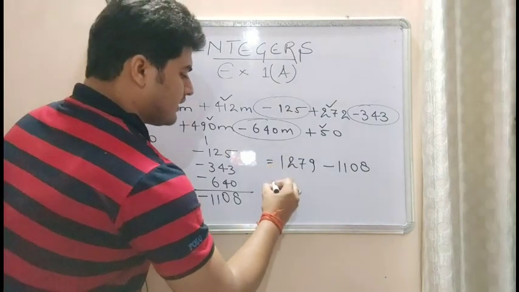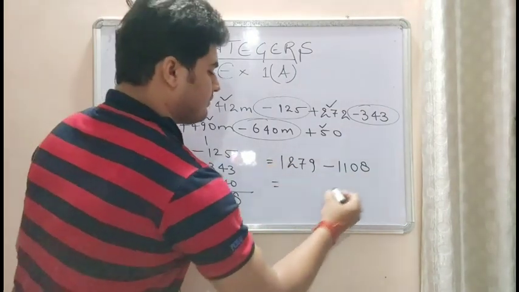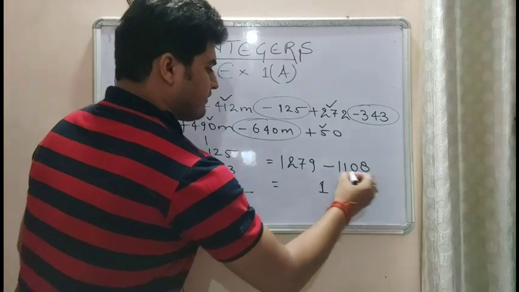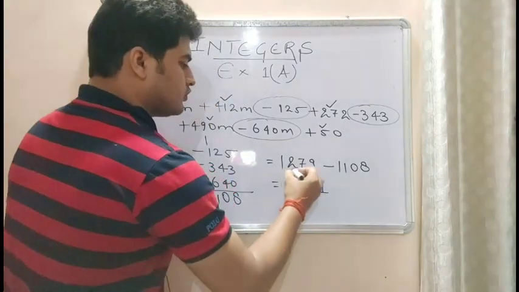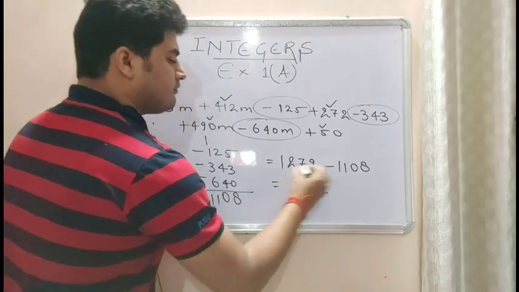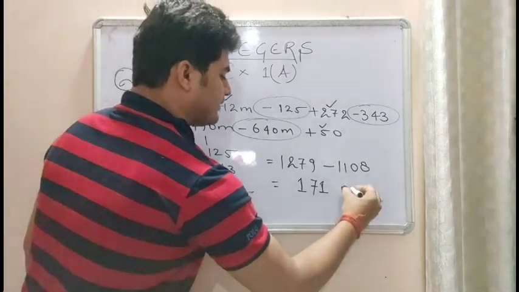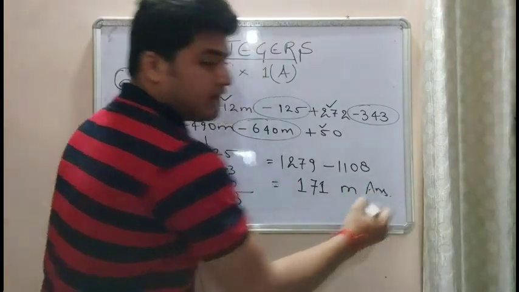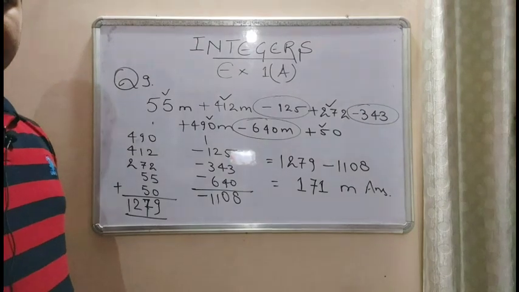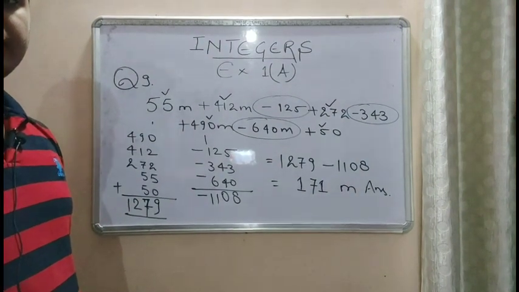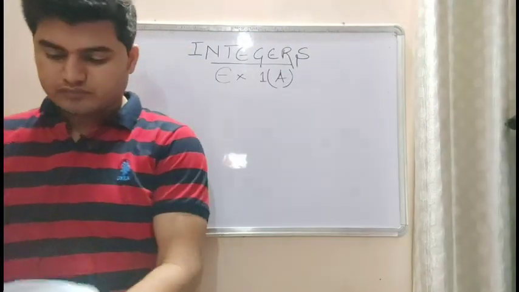So one is positive and the other one is negative. So 9 minus 8, 1, 7 minus 0, 7, 2 minus 1, 1, and 1 minus 1, 0. So 171 meters is the final elevation.